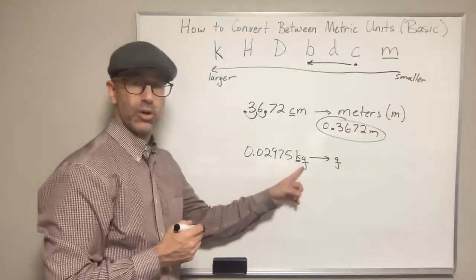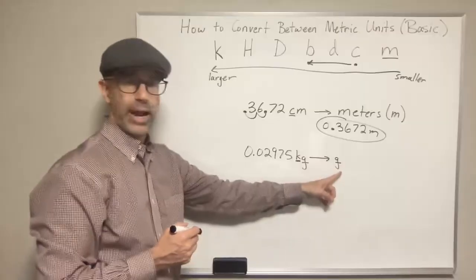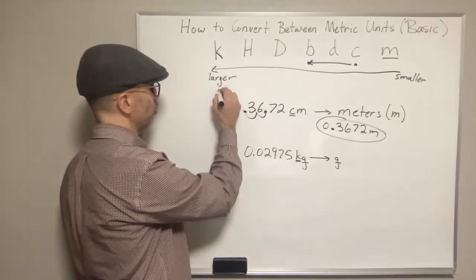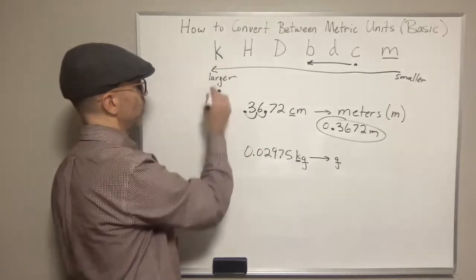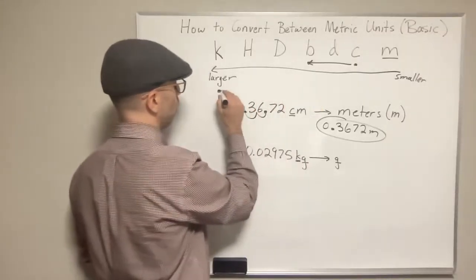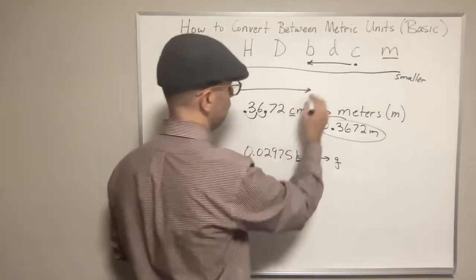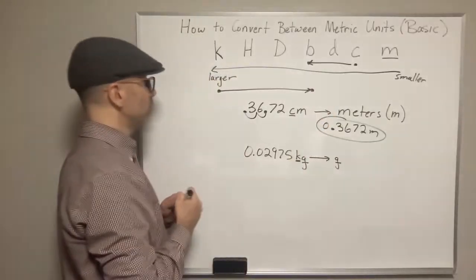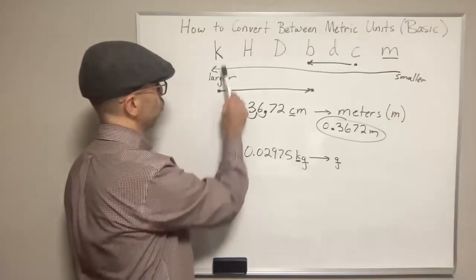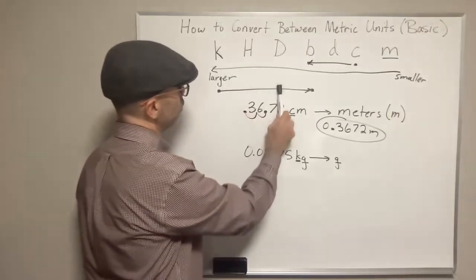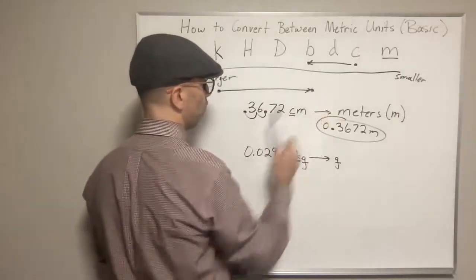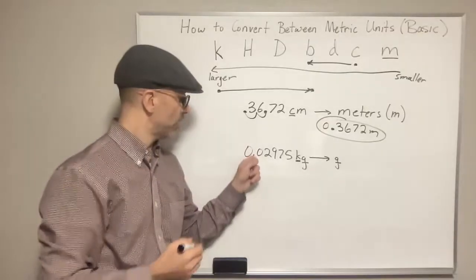We're beginning with kilograms, and we want to get grams, and grams is the base unit. So in this case, we're starting with a larger unit. We want to start with kilograms, and then we want to move to the base unit. So now that we know which direction we're going, we count how many times we move. So 1, 2, 3. We're moving 3 places to the right. So we're going to move our decimal point here.